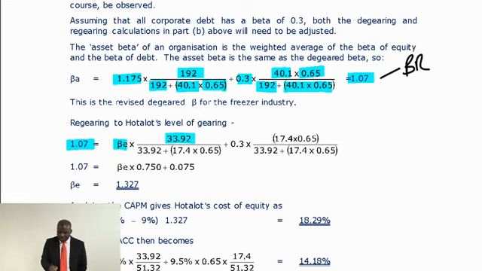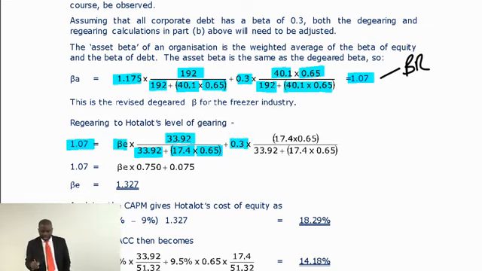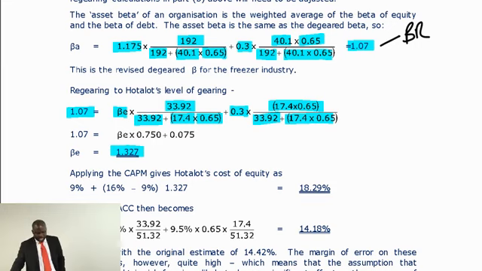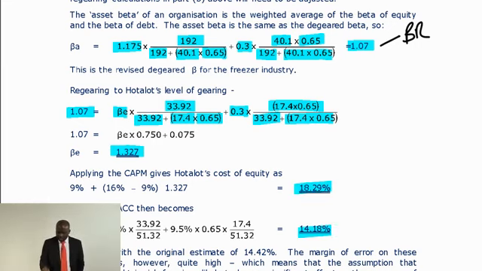The equity is this, equity and debt and the tax effect, plus the 0.3. Don't forget about that bit. And then 17.4, our debt-equity proportion, is what we are bringing. When we re-gear, it should give us 1.327. And then you put it in the CAPM, and then you put it in the WACC.